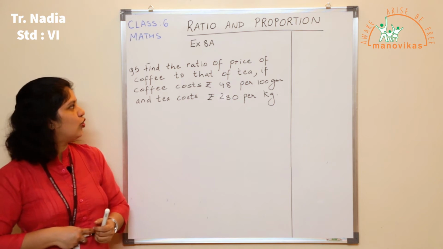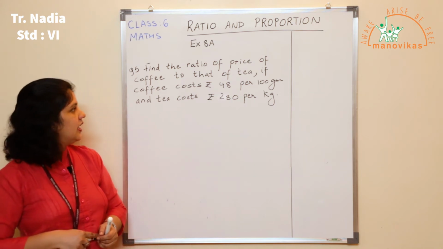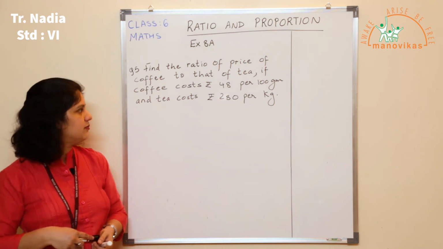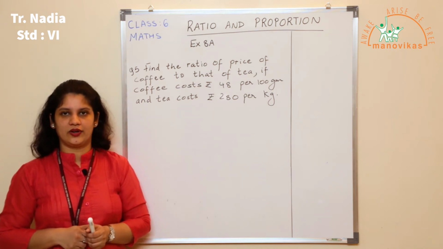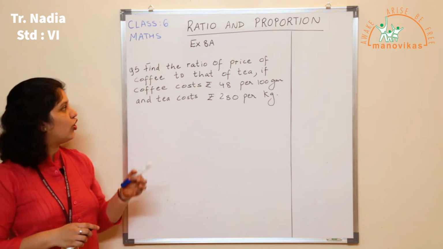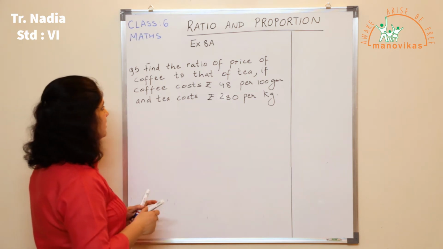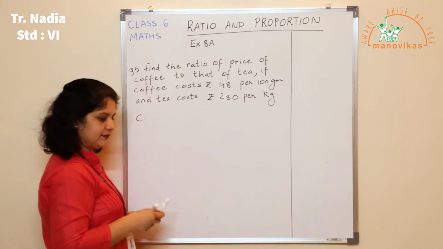Find the ratio of price of coffee to that of tea. If coffee costs rupees 48 per 100 gram and tea costs rupees 280 per kilogram. So I have to find the ratio of price of coffee to that of tea. Let us see what is given to us. We are given the price of coffee.